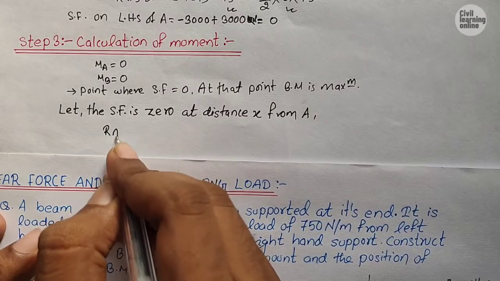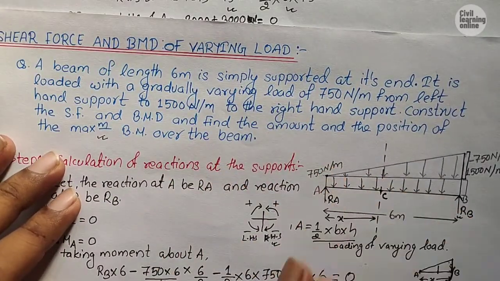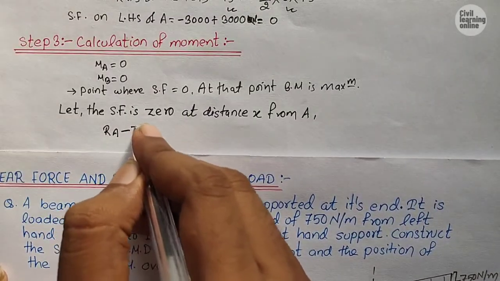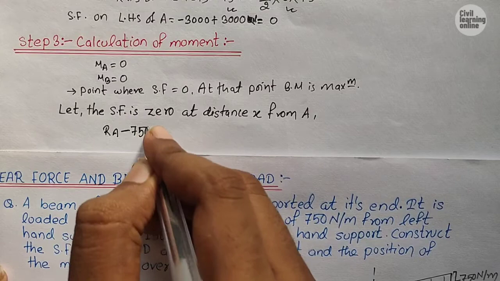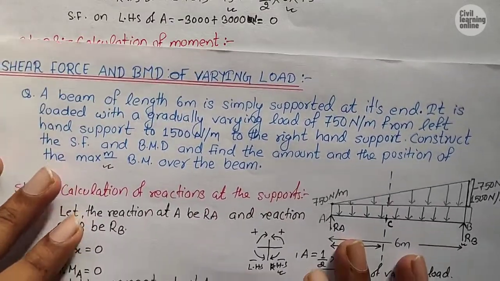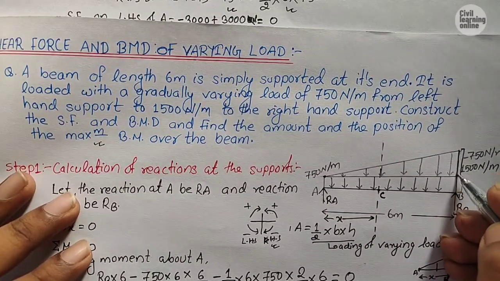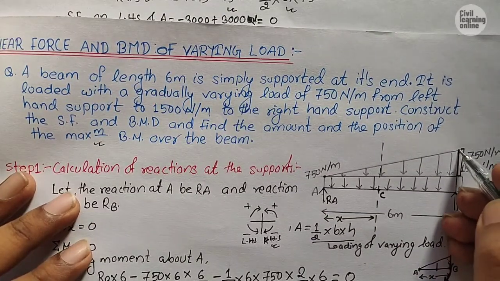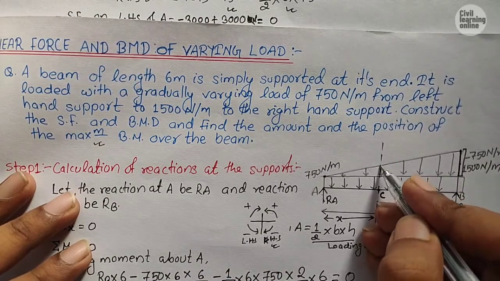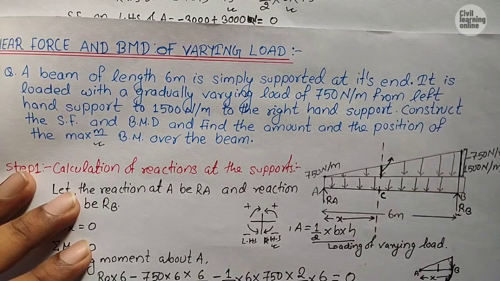RA, that is acting upward, and the UDL is acting downward, and the span is x meter, so minus 750 into x. Now guys, here in this diagram we know that the loading value is 750 Newton per meter up to this portion, but we don't know the value of this portion.